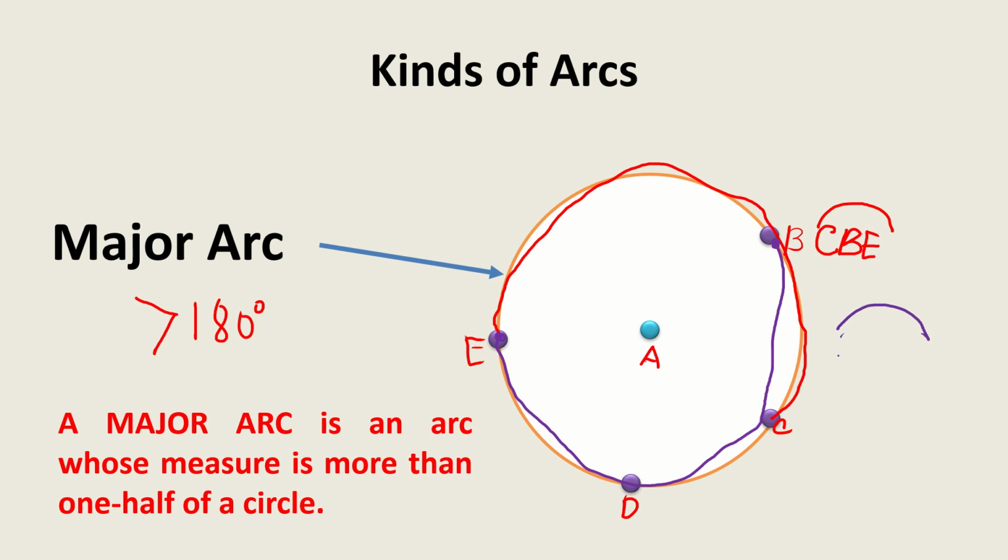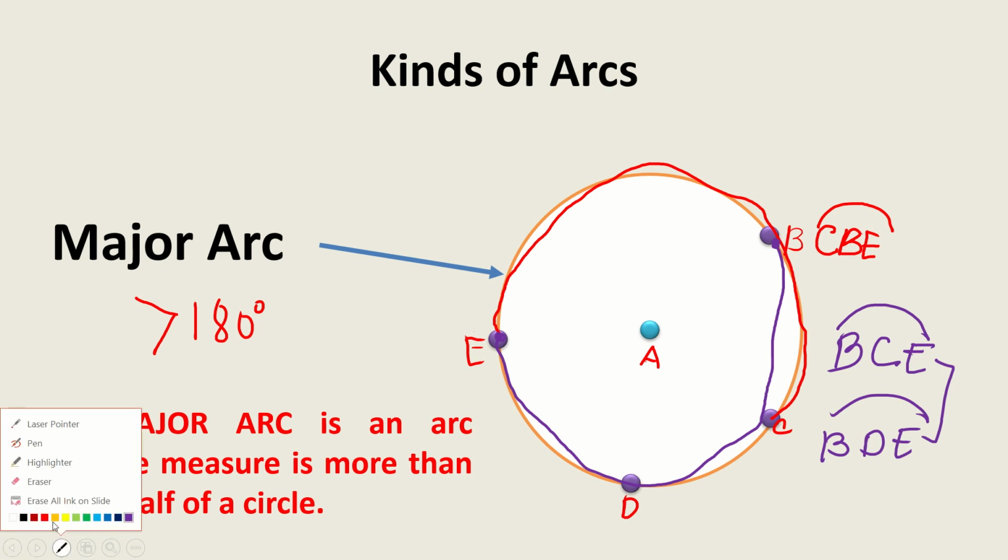So starting from point B, pwedeng B, C, E, or arc B, D, E. So kahit alin man po dito sa dalawa na to ay tama, pero counted as 1 lang po sila kasi nga ay iisang arc lang naman yung tinutukoy natin, and which is itong arc na ito lang po.